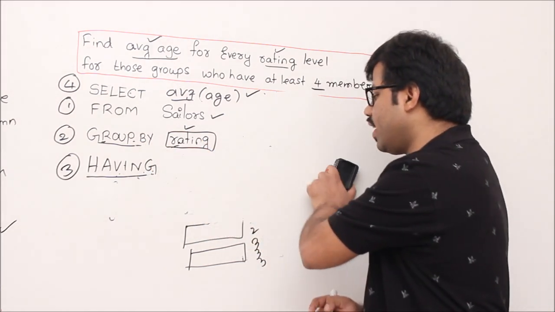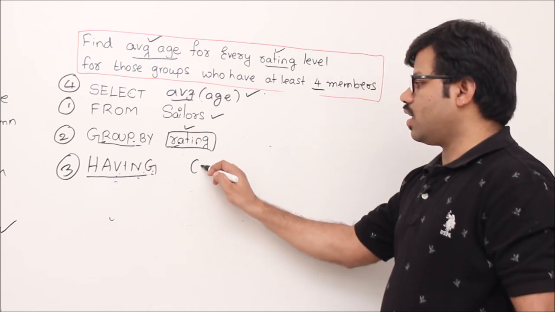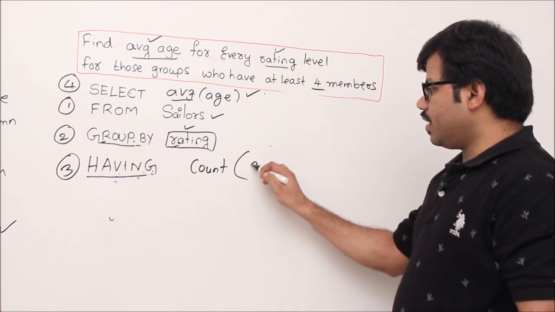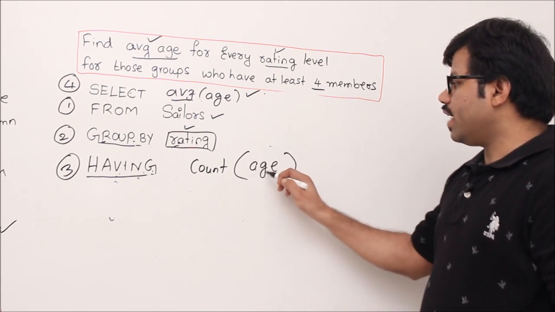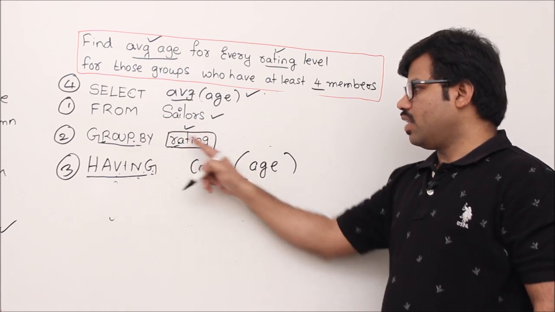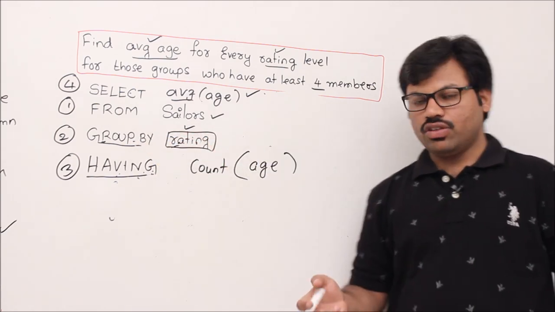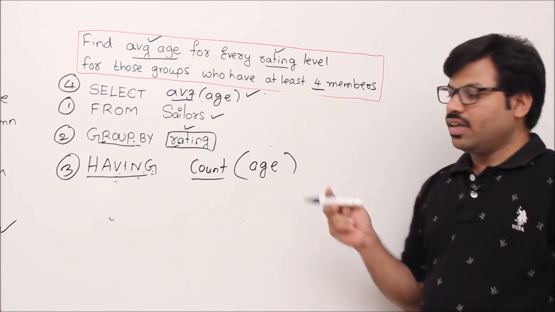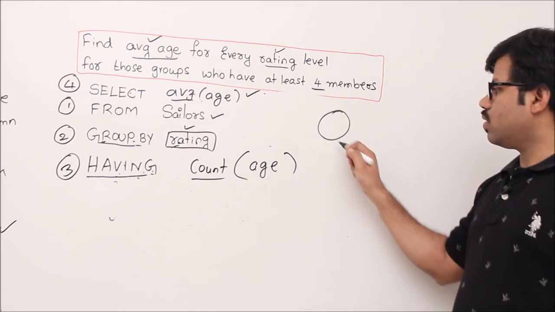But sir, why can we write aggregate operators? We'll see. Example, you can write count of age. Though age is not a column in group by, still we can write it. I will tell you the reason. Count gives what? Count of the group, right? Example, let's say there are some groups.